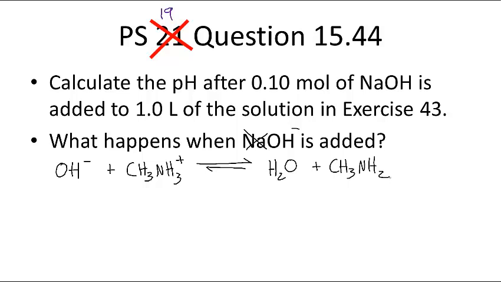How can I tell? Find the K value. So the question is, what is the K value for this reaction? Because that'll tell us to what extent this reaction happens.